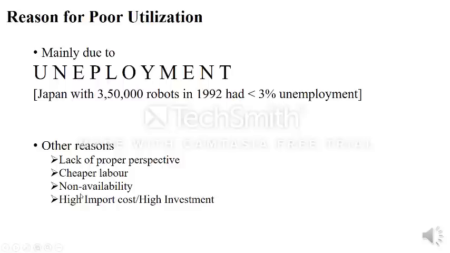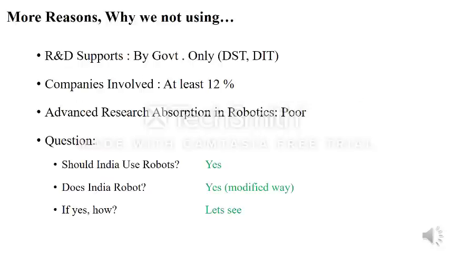Non-availability. Robots are not available in the current market. High import cost and high investment. Importing cost is very high and investment cost is also very high. That is the only reason for Indian industries to not utilize the robots.